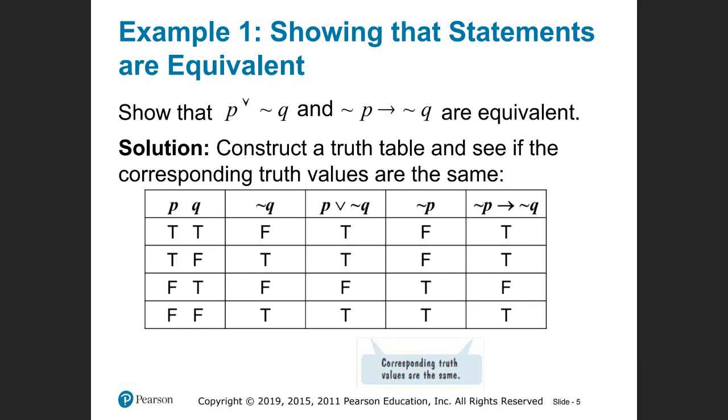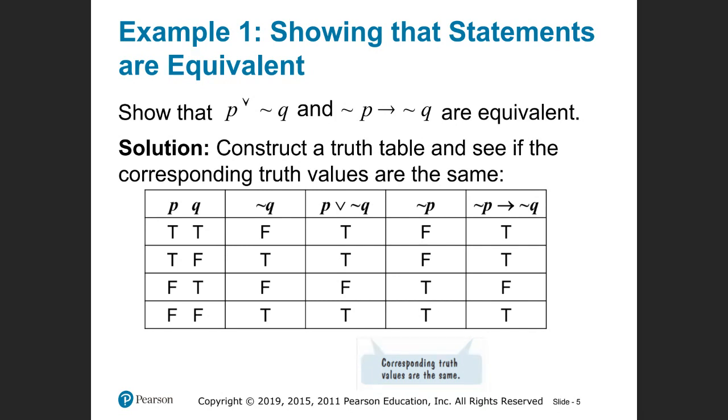That's the only instance. So looking at if not P, then not Q, we have not P is false and not Q is false. Remember it's false only if the antecedent is true and the consequent is false, so this one would be true.